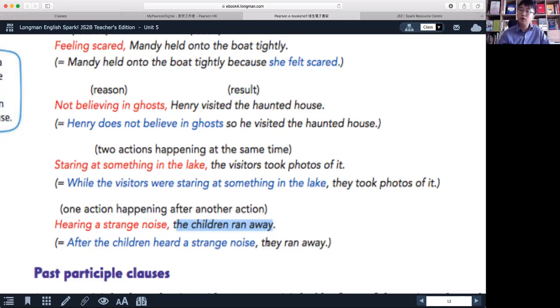Okay, you may have a question. Oh, Mr. Guan, the original sentence here is they ran away. Why don't we say they ran away, but the children ran away? Why don't we keep the original clause here, just like what we did above?